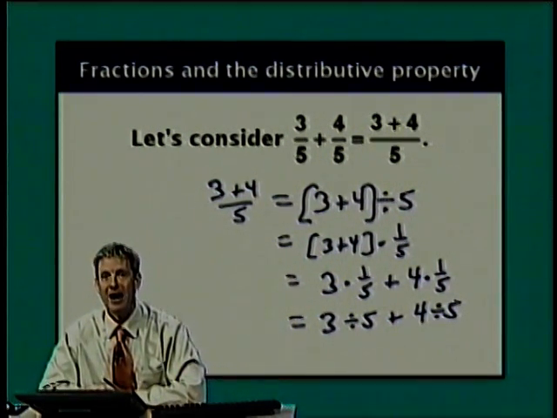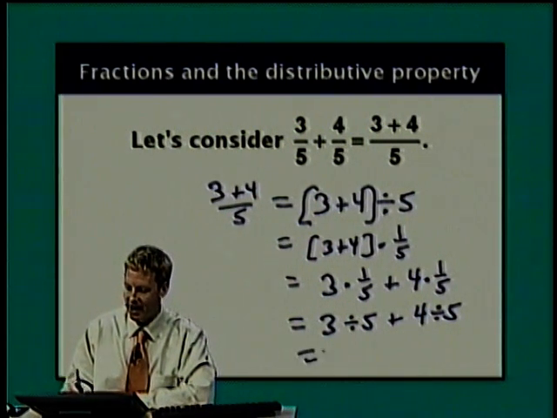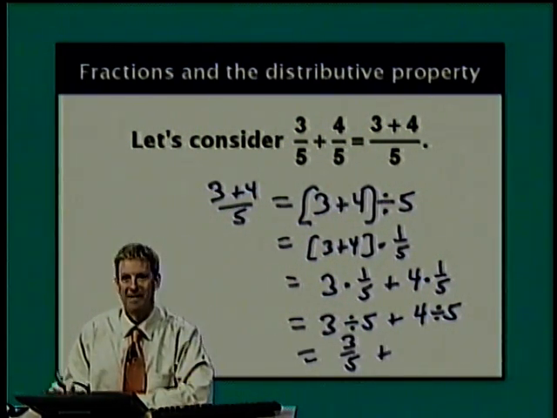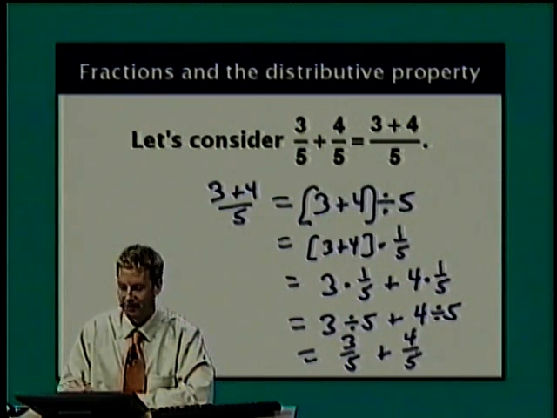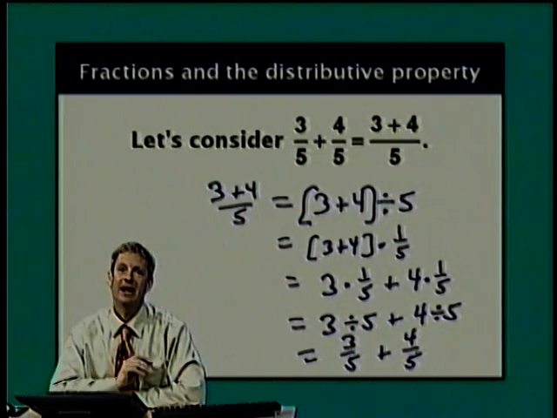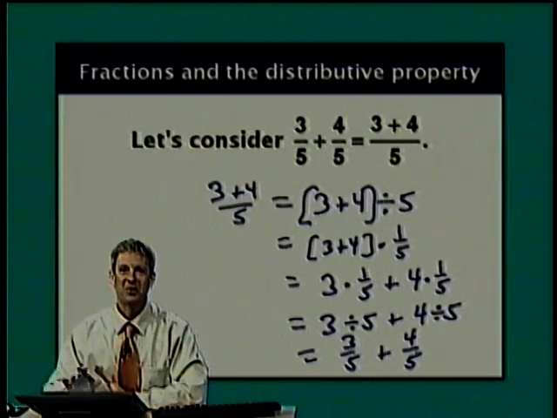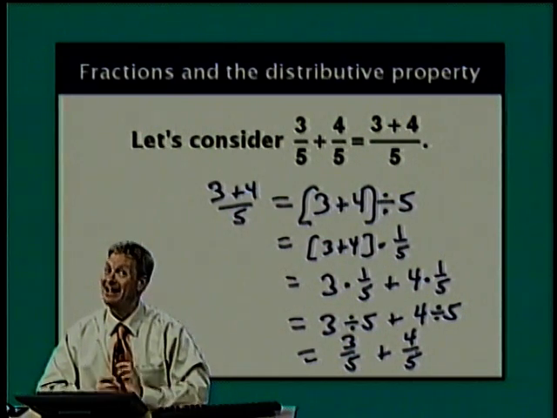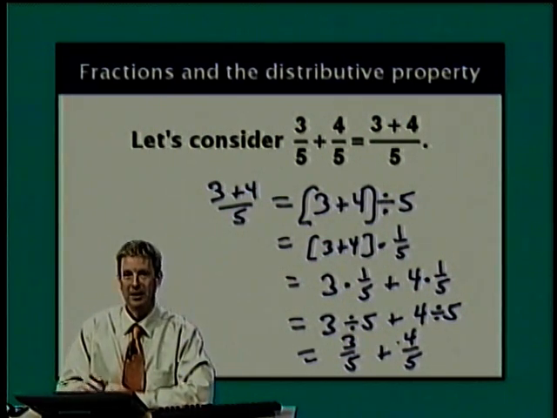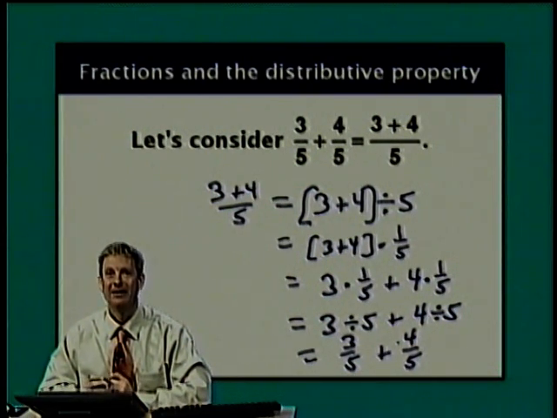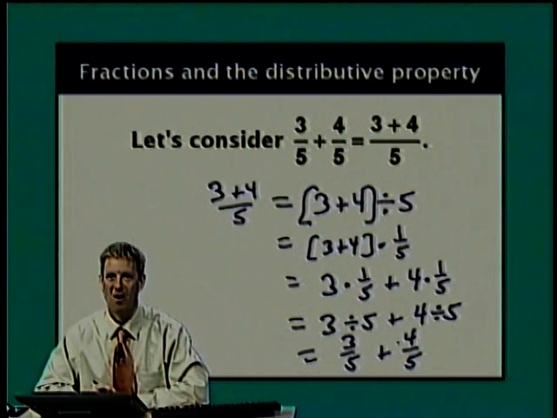And written as fractions, 3 divided by 5 is 3 over 5, and 4 divided by 5 is 4 over 5. Now again, I'm not suggesting that you would ever go through these steps, ever. I'm just trying to show you that the addition of two fractions with the same denominator is really nothing more than the distributive property, the fact that multiplication distributes over addition.